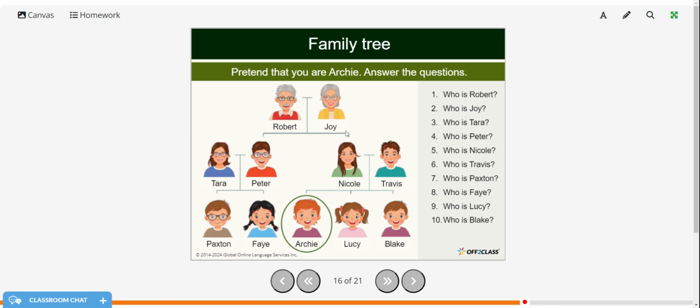Joy is Archie's grandmother. Who is Tara? Tara is Archie's aunt. And who is Peter? Peter is Archie's uncle. Who is Nicole? Nicole is Archie's mother.